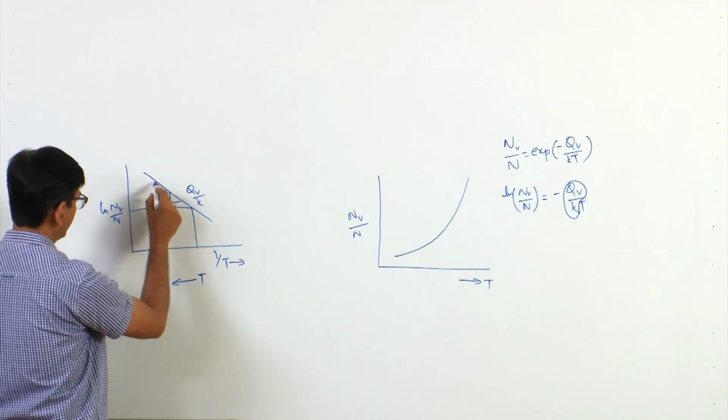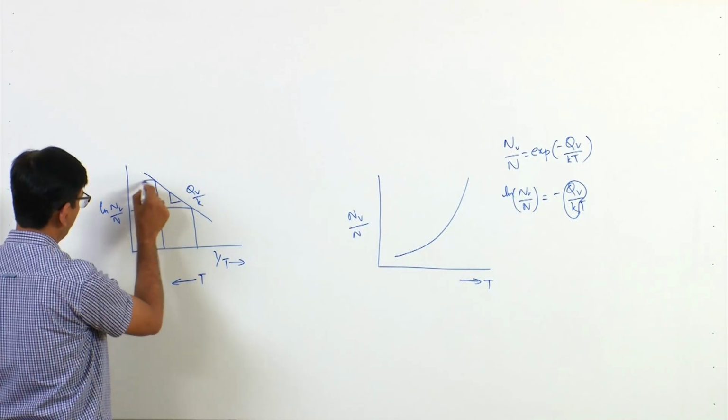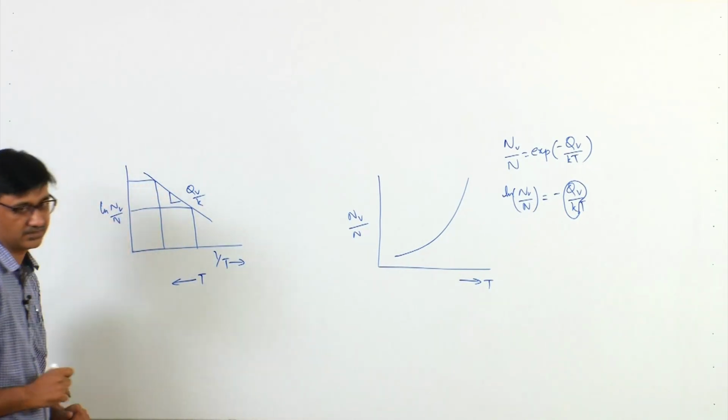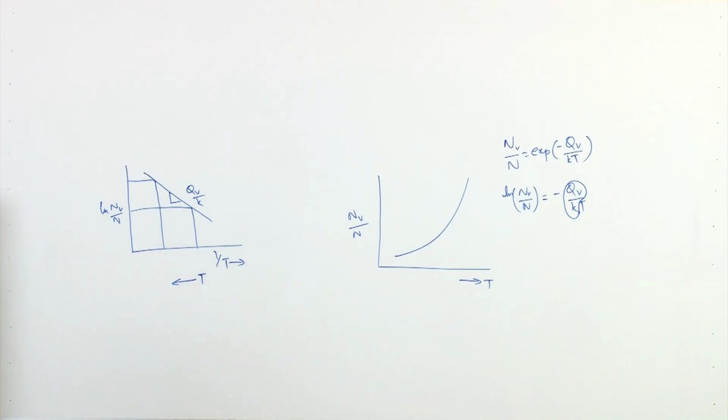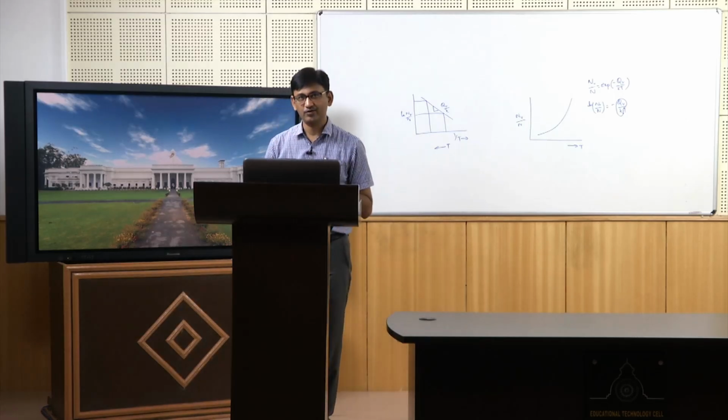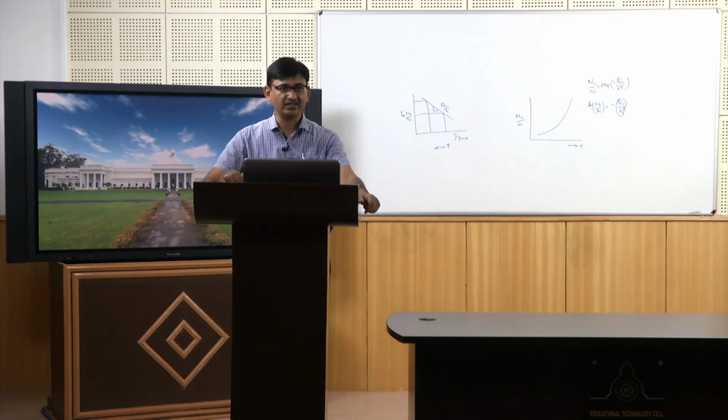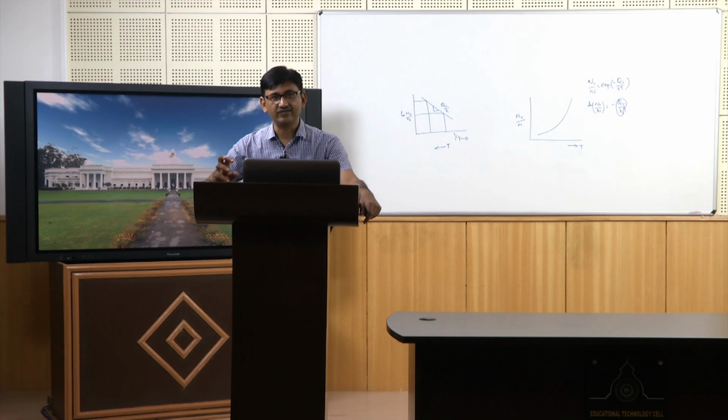So, at a higher temperature I will have more vacancies, at lower temperature fewer vacancies, and at 0 Kelvin I will have no vacancies. Only at 0 Kelvin will you have a material without any vacancies; at any other temperature the material will have some vacancies, and these are called the equilibrium concentration of vacancies.